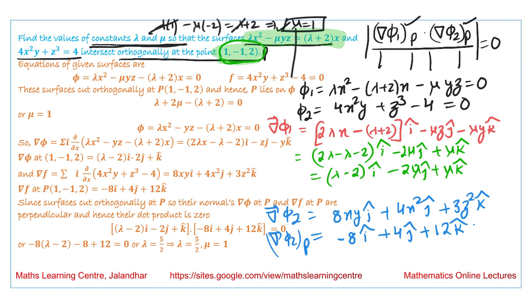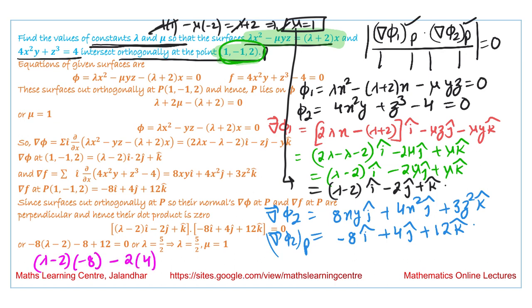Now if we substitute the value of mu equal to 1 in this equation, we obtain lambda minus 2 i cap minus 2 j cap plus k cap. Now both these are intersecting orthogonally. So what we obtain is lambda minus 2 into minus 8, minus 2 into 4, plus 1 into 12, this is equal to 0, and this gives us lambda is equal to 5 by 2.